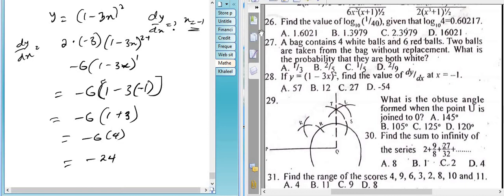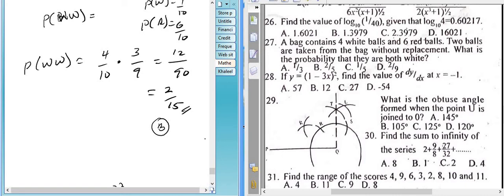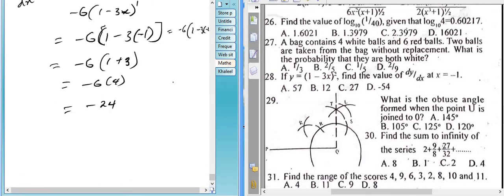But there is no option for -24. From the correction that I see on some website, they take x to be -2. So right here it's going to be -6 into (1 minus 3 into -2). So from here we can see minus 6 into 1, and this here will become positive.